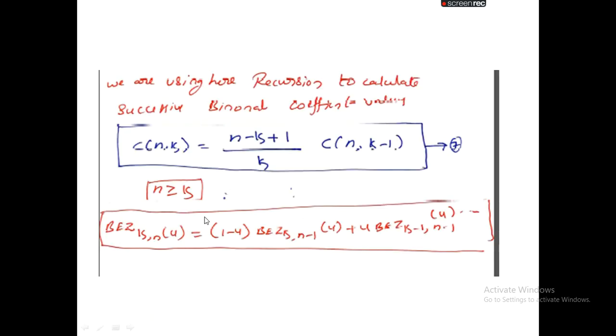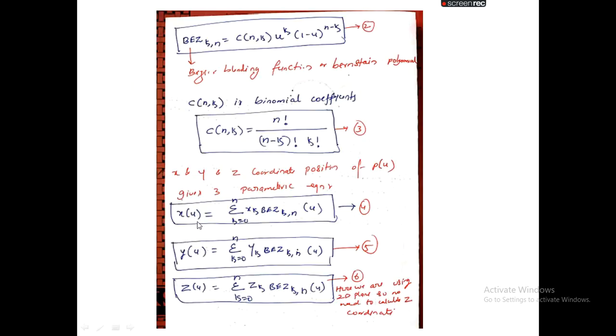Now if I substitute x of u here, where C of n k is there, I am calculating the coordinate position for each pixel with respect to the x axis. Then I will write x of u equal to sigma k equal to 0 to n, x of k. I am not substituting this in equation 3, for your kind information.